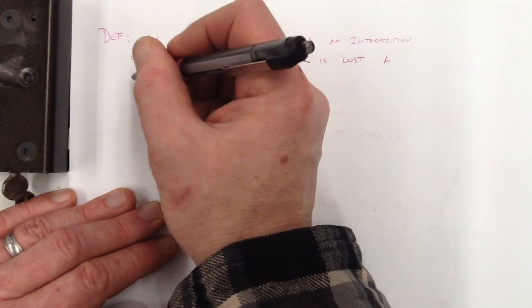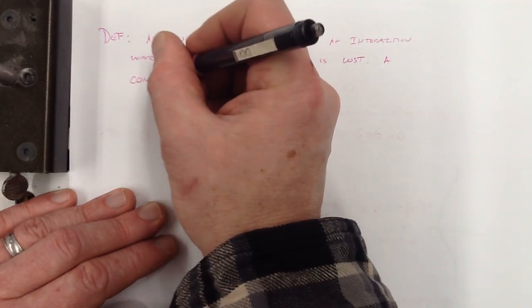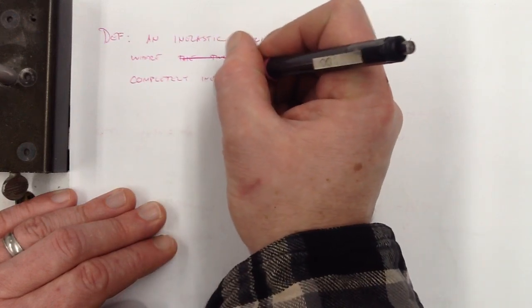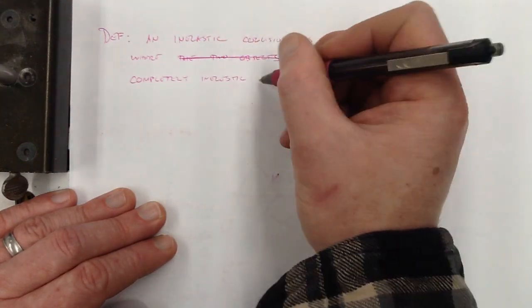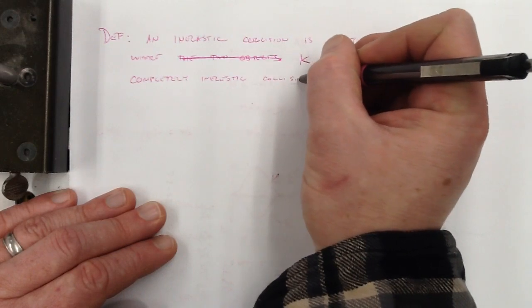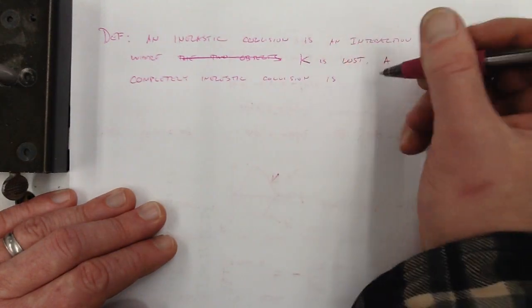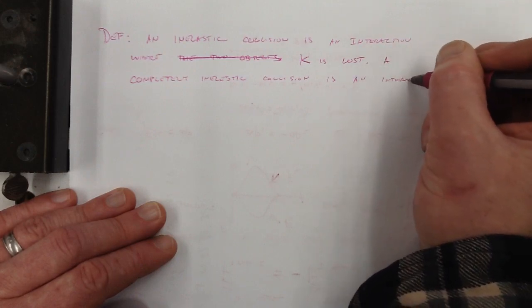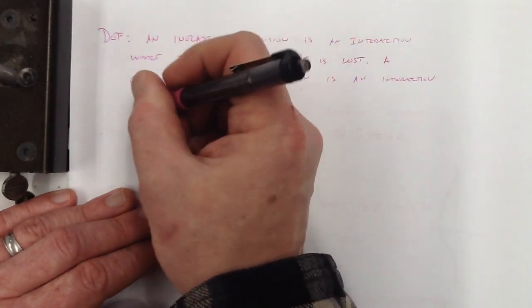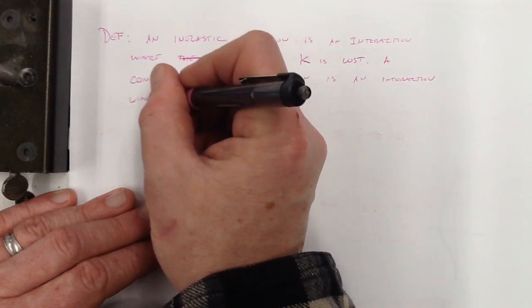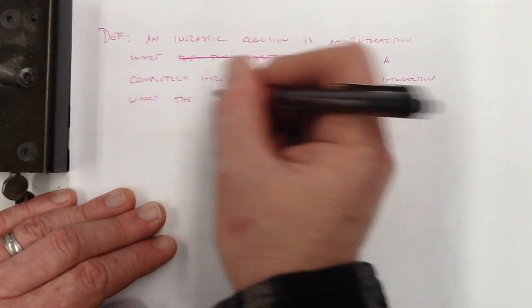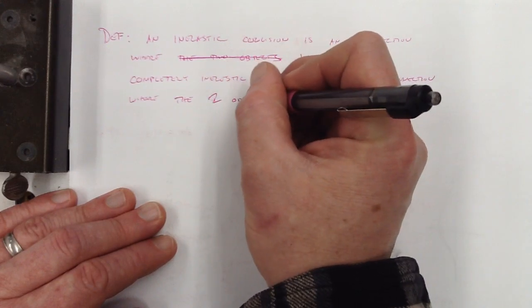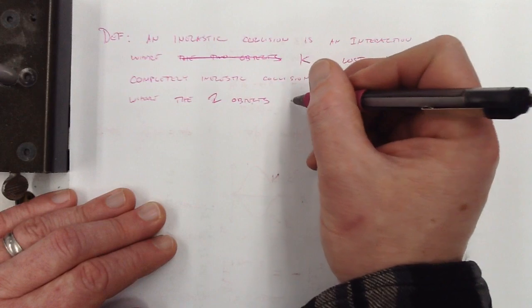A completely inelastic collision is an interaction where the two objects stick together.